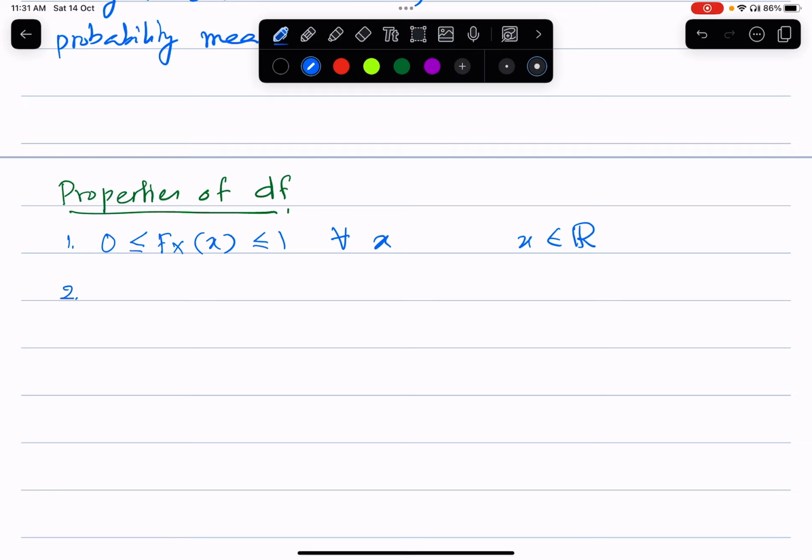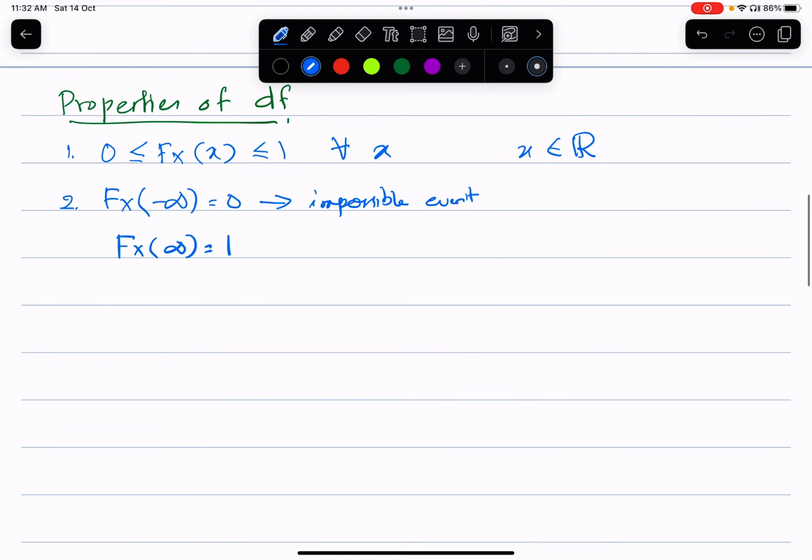Second property is F_X of minus infinity is equal to 0, which is actually something like an impossible event, and F_X of infinity is equal to 1. Okay. Third, F_X is non-decreasing.